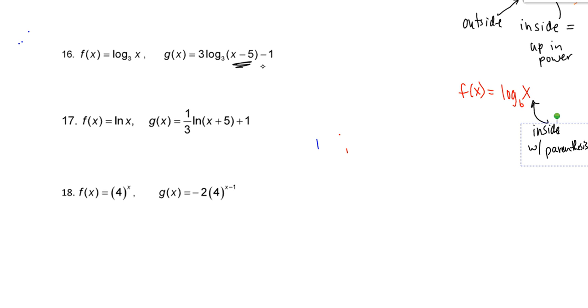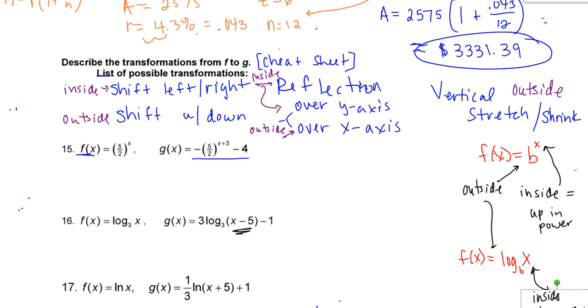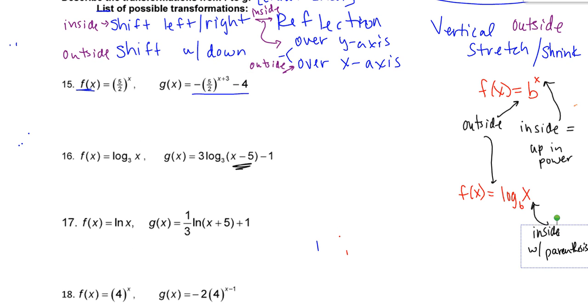See now that one has all of a sudden a set of parentheses. And then outside is still out in front or at the end, if you add something, but that parentheses is your inside. That's the part that people struggle with the most, is recognizing where inside and outside are.